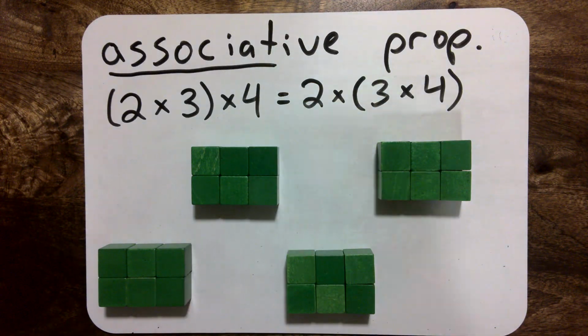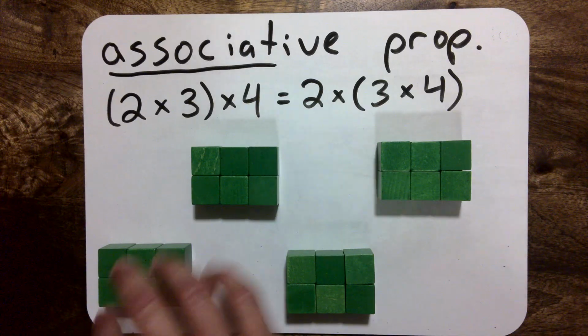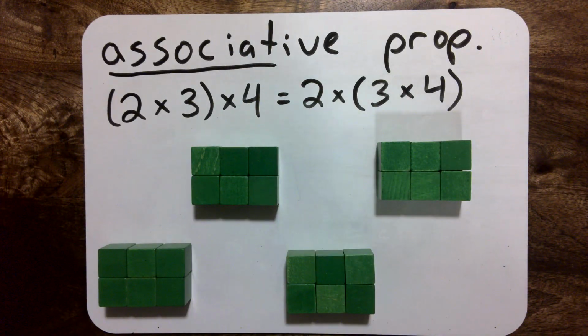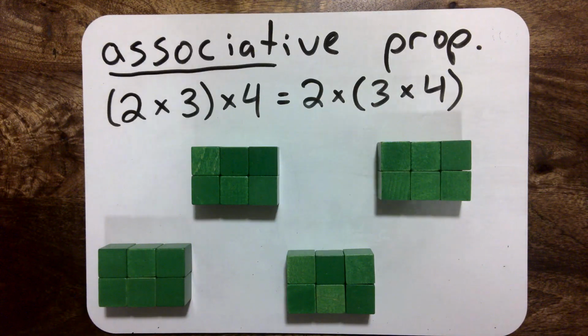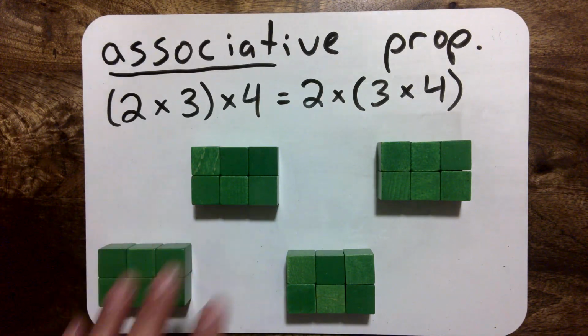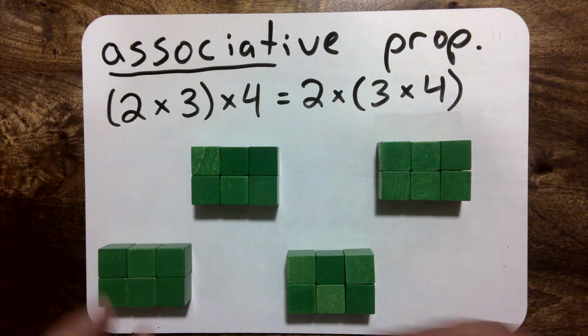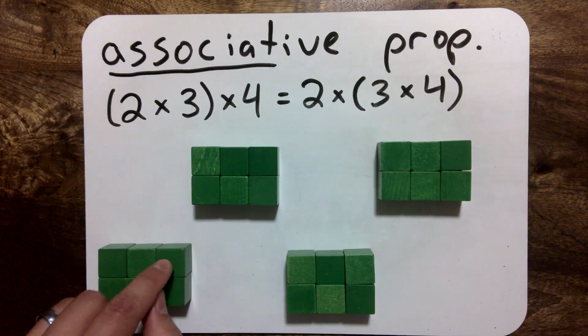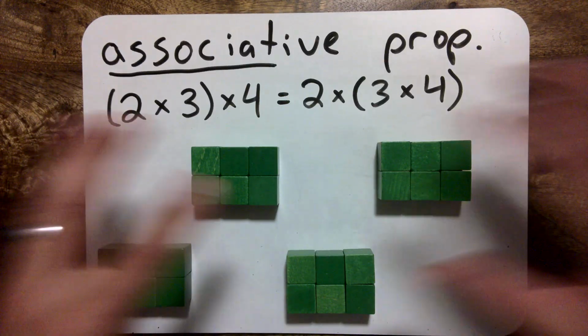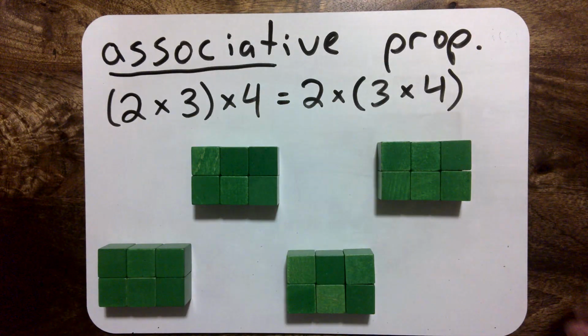So I have 4 area models that have 2 by 3, so 4 groups of 6 square units in this area model. So I have a total of 24 square units. Okay. So this is the left-hand side, and I'm just going to reuse all of these so the board doesn't get too cluttered, but also to highlight this idea that it's equal because we're not adding any of these square units to this total, and we're not taking any away. So we're still going to use all 24 of these.